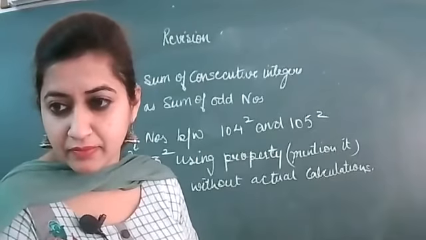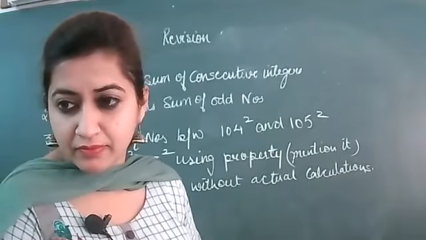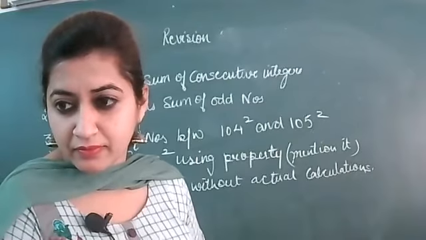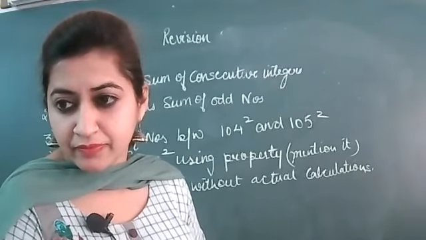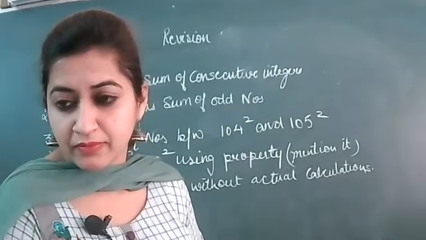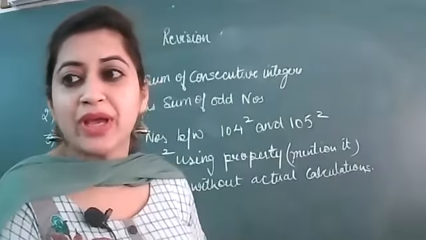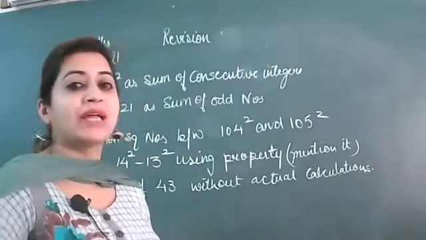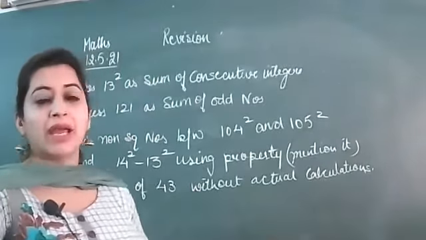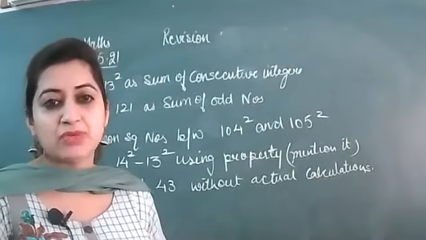Next question. Thirteen square can be represented by the formula n square minus 1 by 2, n square plus 1 by 2.